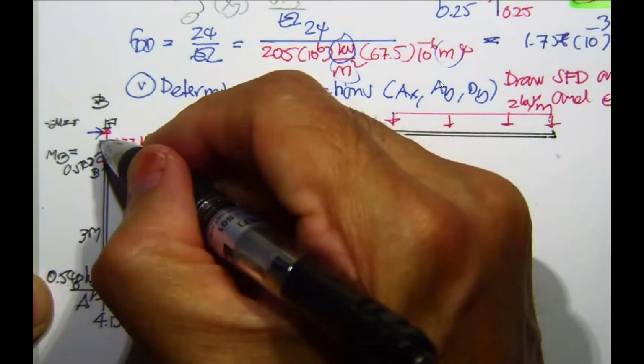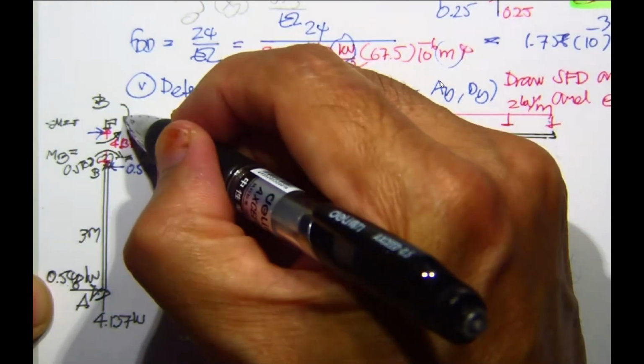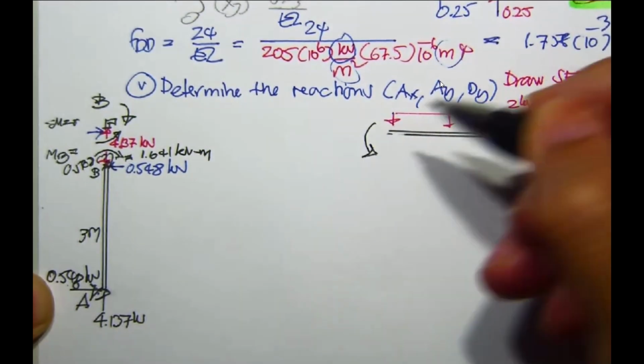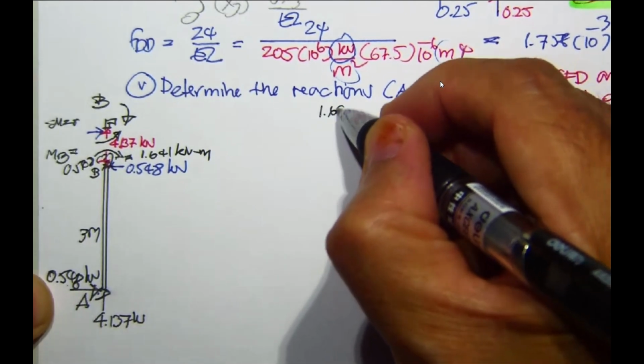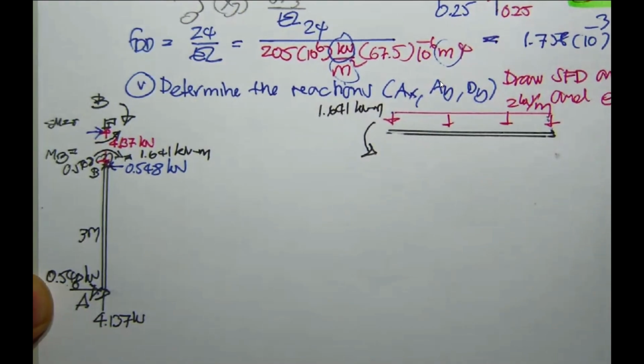Now, this is going to be your moment. This is going to be your moment. And then this is going to be your 1.641 kilonewton meter.